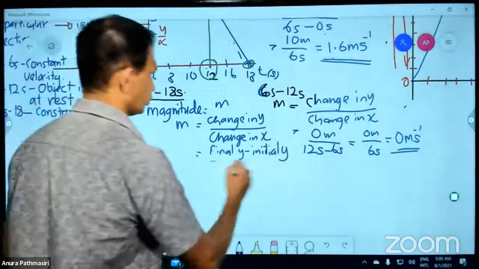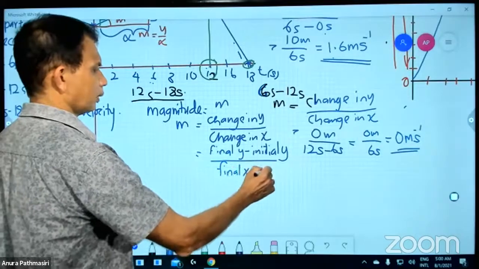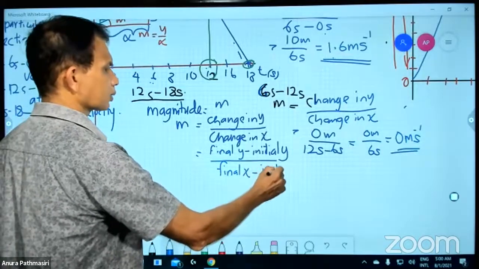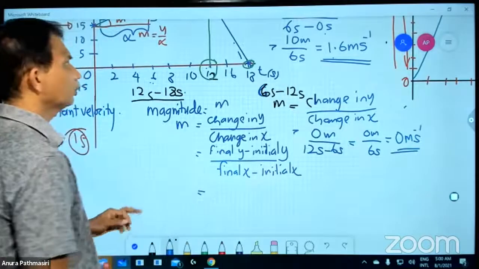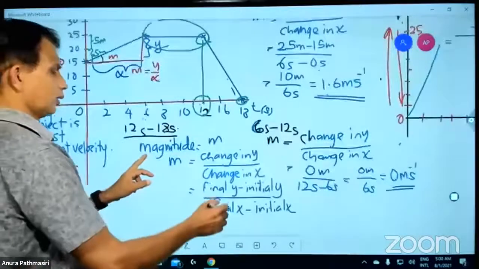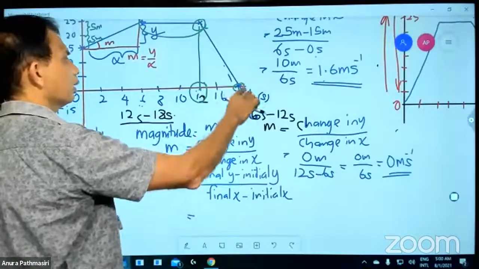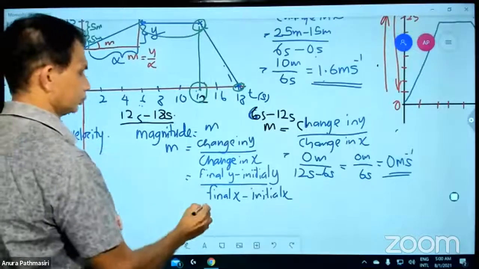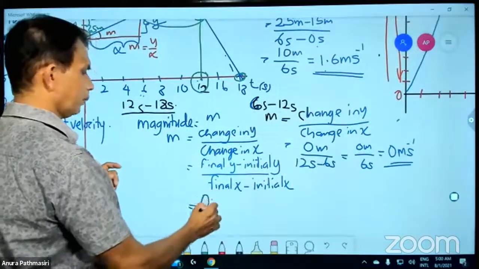and final x minus initial x. So finding out final x. Final y is 0. So then you write 0 meters.